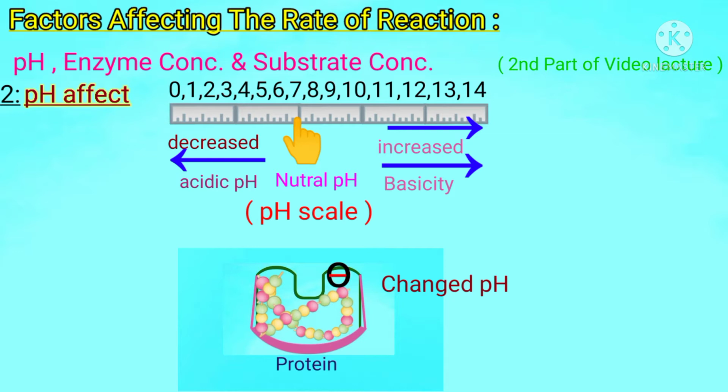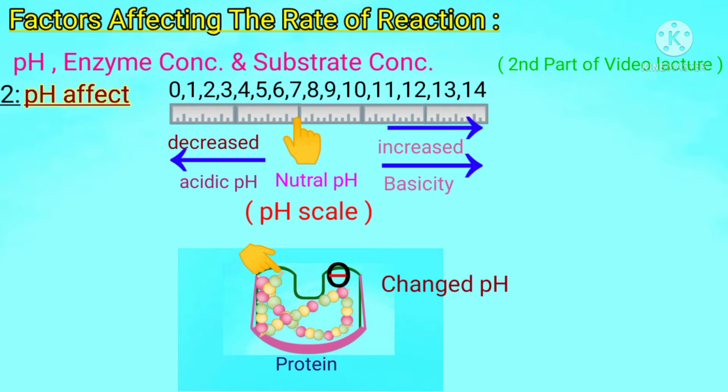So it will cause a major problem with the amino acids. As we discussed in our previous video lecture, an enzyme consists of a large number of amino acids that are attached to each other with the help of bonds.